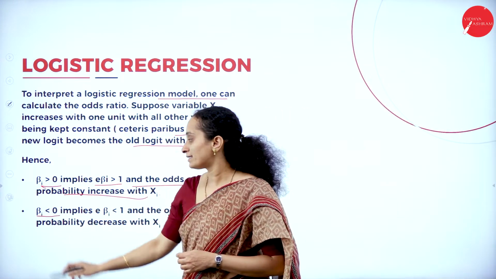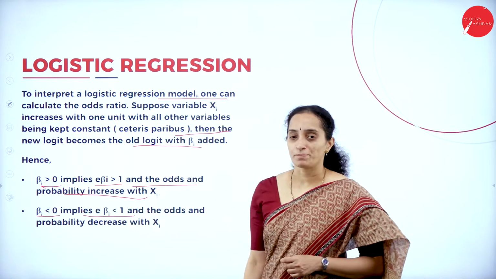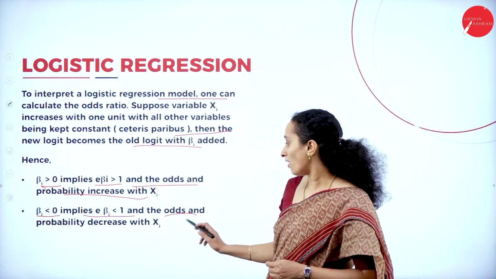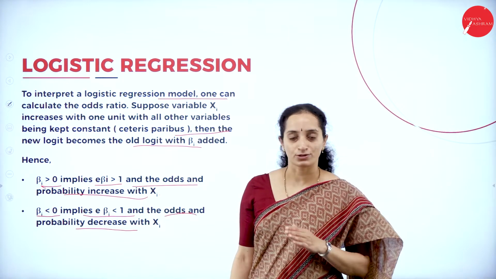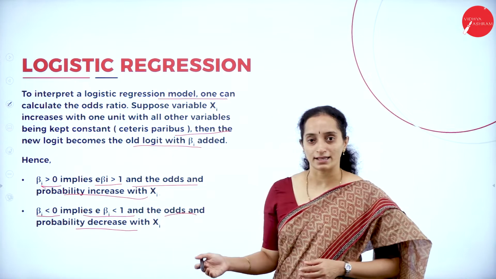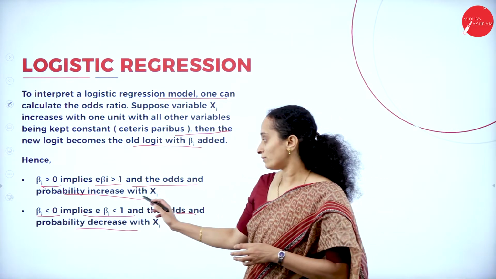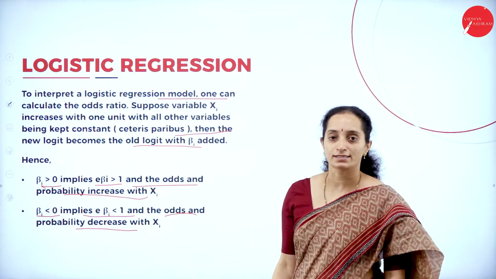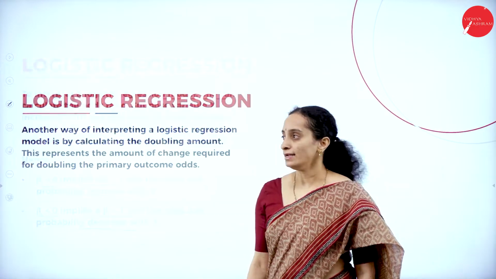If bi is less than 0, it implies the exponential value of bi will be less than 1, and the odds and probability decrease with xi. So it will be in the negative quadrant. So we have two conditions: when bi is less than 0 and when bi is greater than 0.